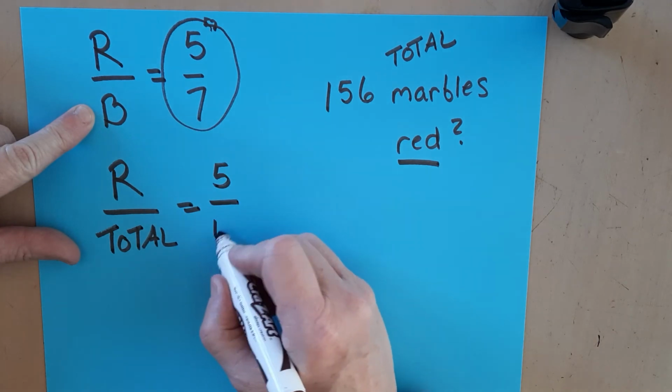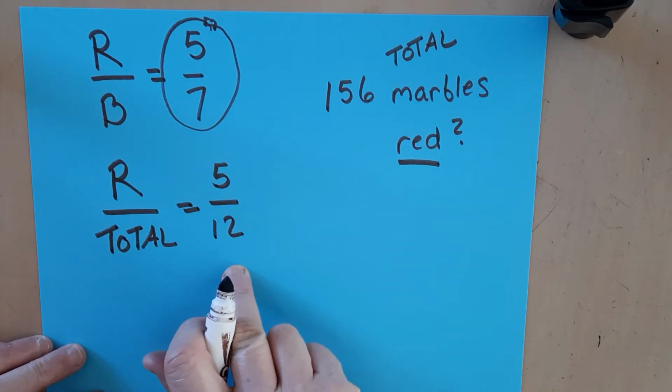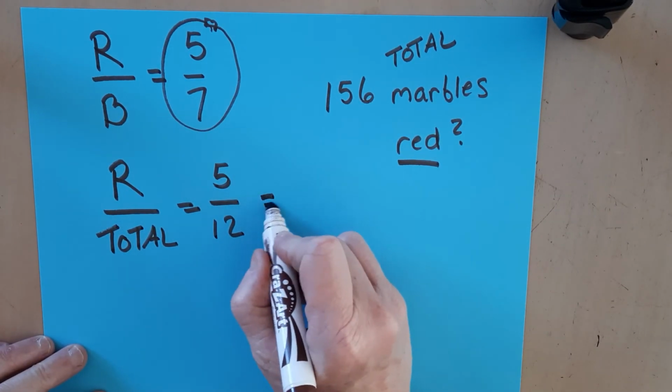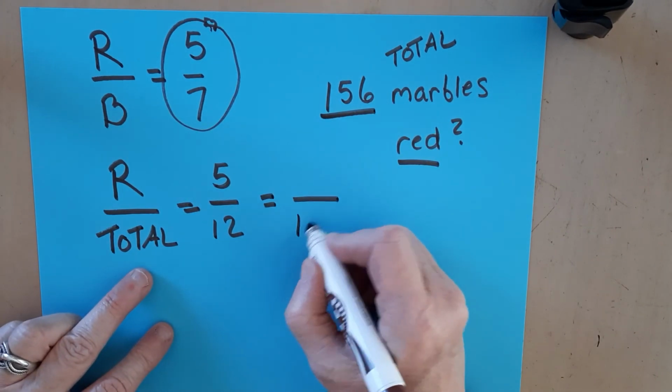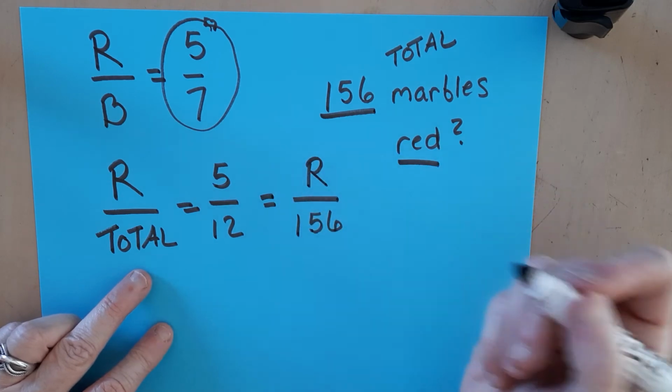Now we have a ratio that we can use to solve our problem, because we can set 5 to 12 equal to this new total, which is 156, and keep this as R for red.